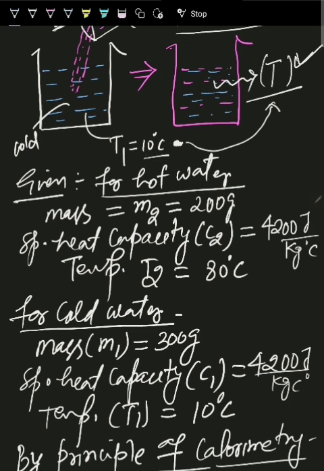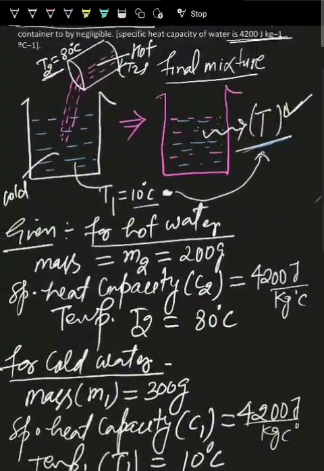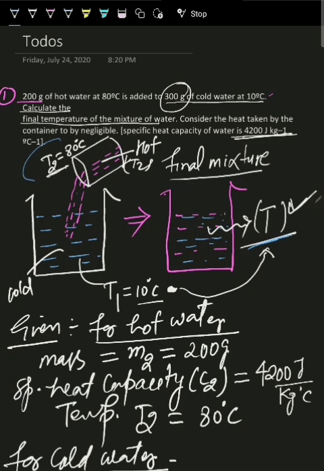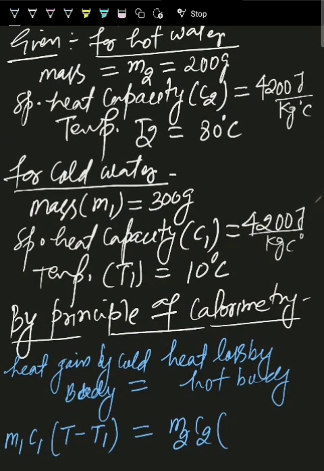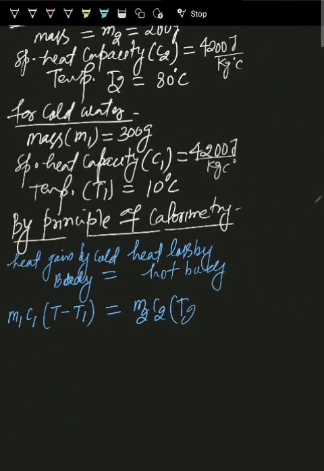For the cold body, this T1 is always less than the final temperature, so we write T minus T1, which is equal to m2c2 times the change in temperature for the hot body. Initially the hot body is at T2 temperature and its temperature becomes T, so I am writing T2 minus T.